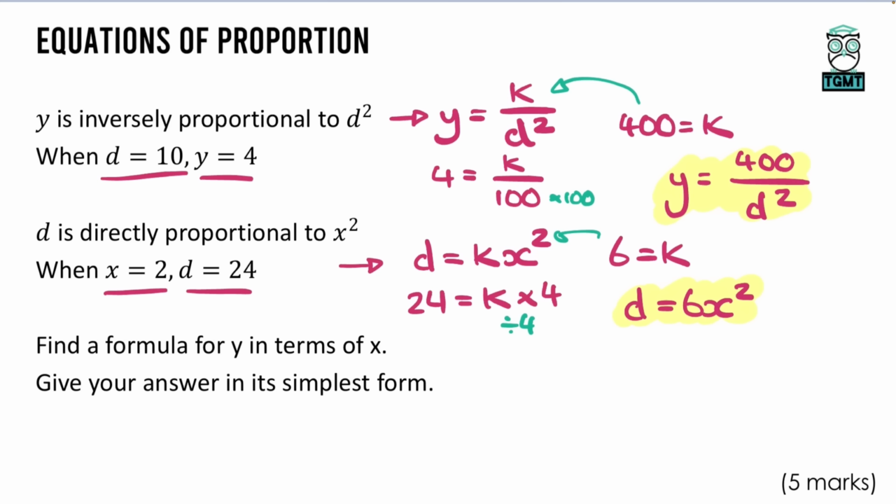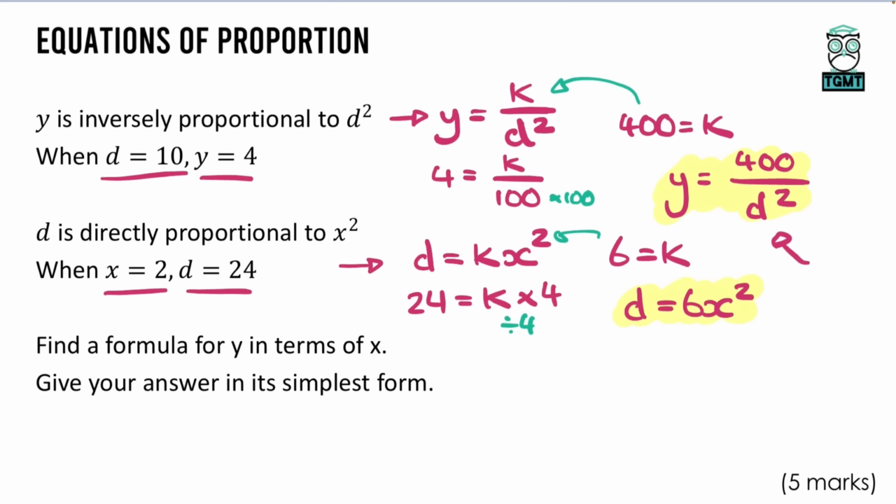These are completely separate. So it now says find a formula for y in terms of x and give it in its simplest form. Now we do have a formula for y, it's up here, but at the moment it's in terms of d. It says y equals 400 over d squared. So at the moment our formula for y is in terms of d.